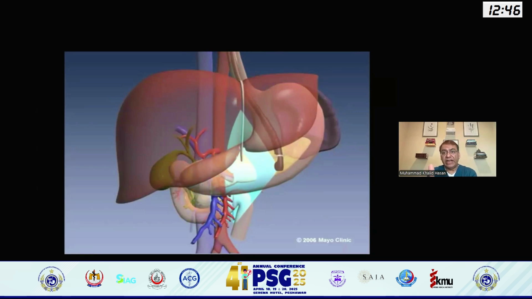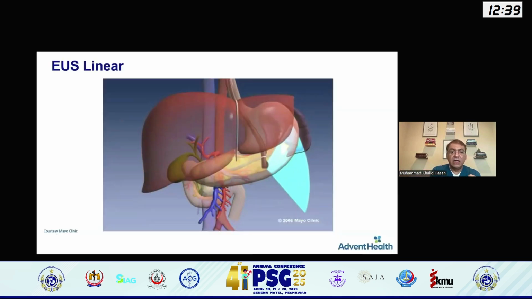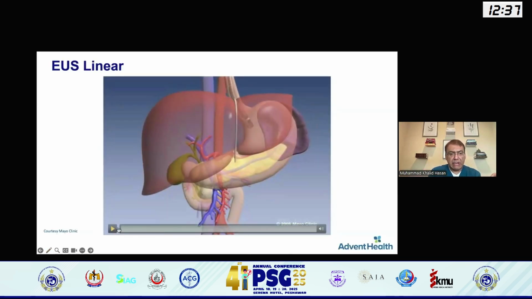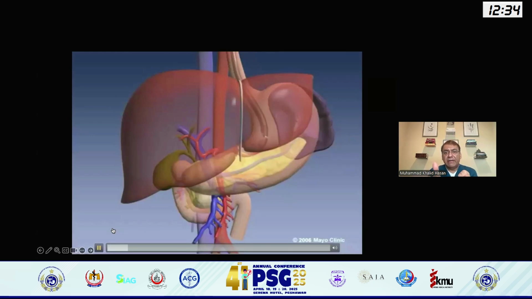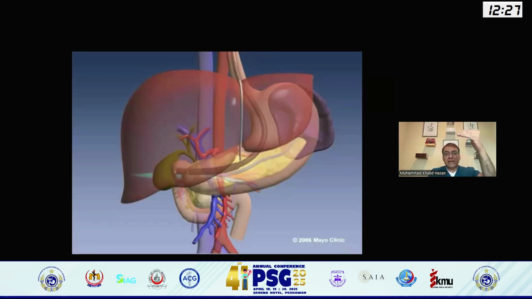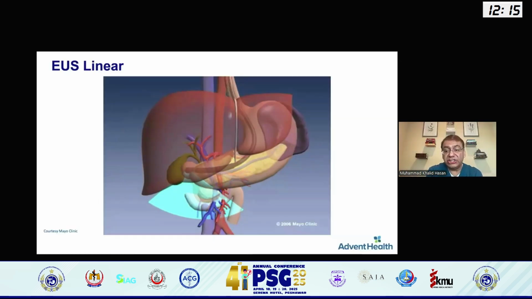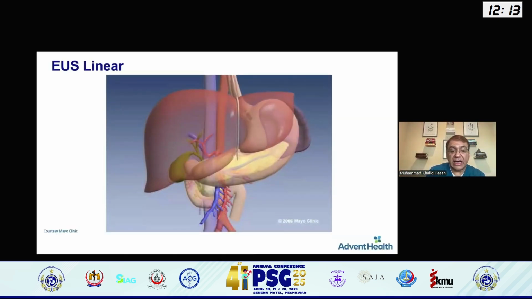When you're rotating to the right, you're going to the distal body and tail; rotating to the left, you are going to the neck of the pancreas. And once you are in the duodenal bulb, orientation changes. Look at where the plane of examination is, and the structures you are examining. Again, just to stress, the orientation of the screen is going to change based on exactly where you are.